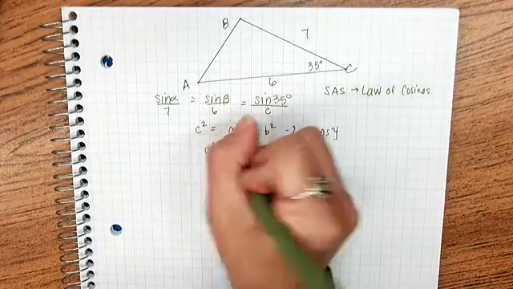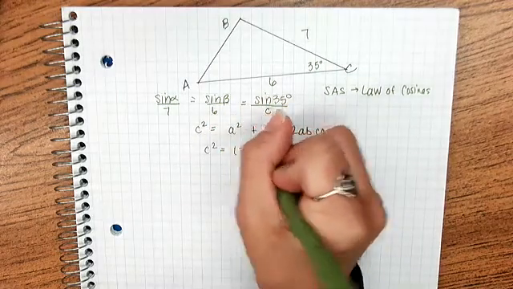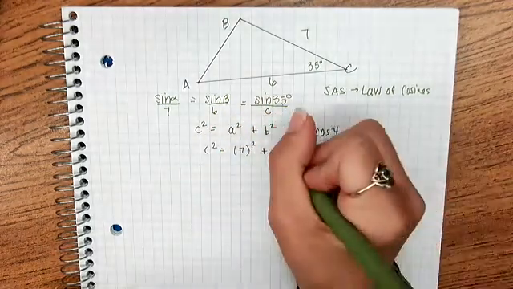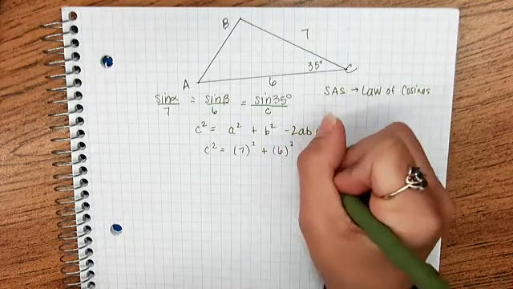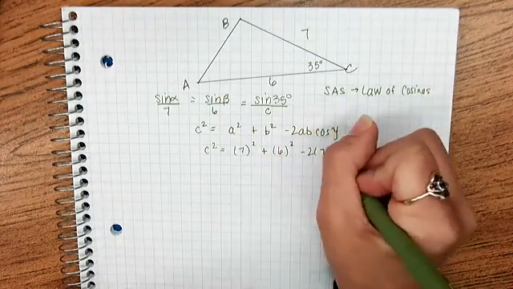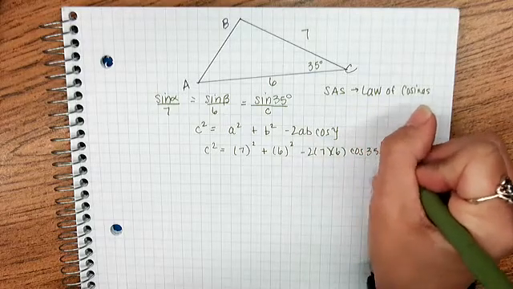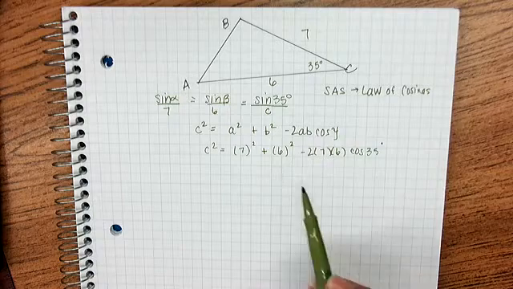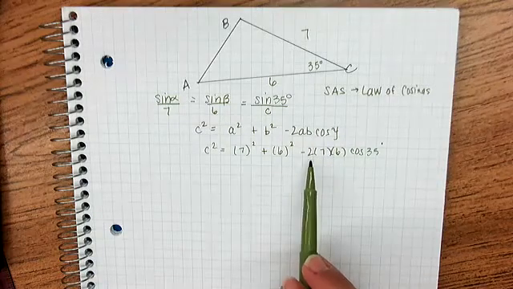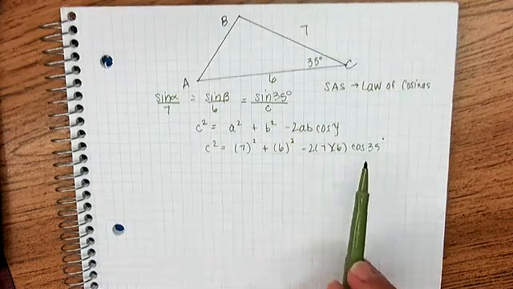So C squared is equal to 7 squared plus 6 squared minus 2 times 7 times 6 times cosine 35. Okay, be careful. It's subtraction with a 2, and it's the cosine, not the sine.